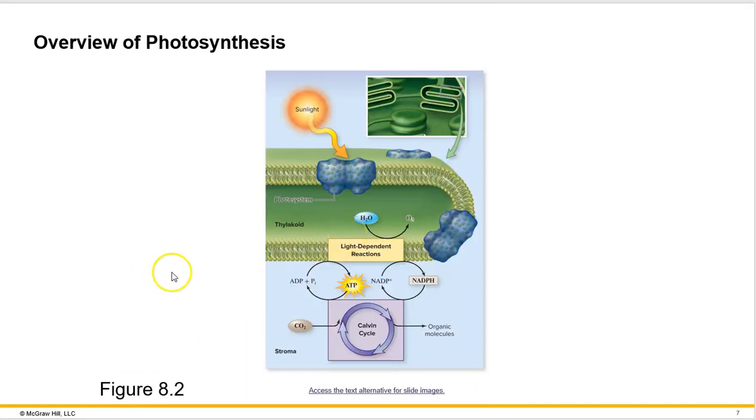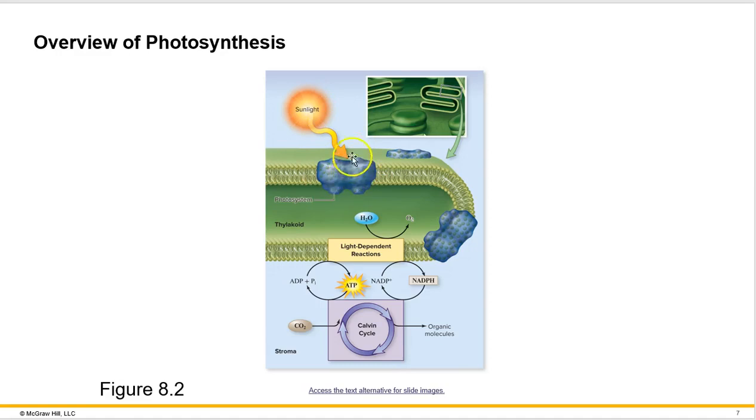This is an overview of photosynthesis, and it happens here in the chloroplast, some of it on the membrane, but some of it out in the stroma too. So sunlight comes down and strikes these specific protein structures here called photosystems. There's a photosystem 2 and a photosystem 1, but this is a photosystem.